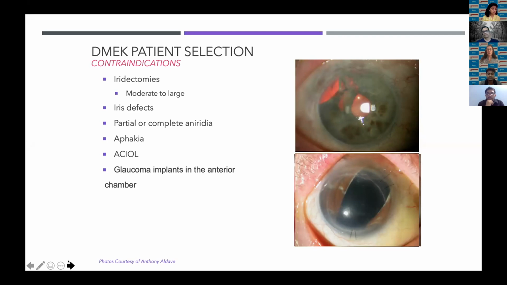Again, because when you're tapping and unfolding, you don't want to tap and unfold the graft against the ACIOL. And also, if there's a glaucoma implant in the anterior chamber, this is someone where you want to either remove the glaucoma implant and place it posterior to the iris, or if it's a tube shunt, you can cut the tube shunt, but that's definitely more challenging.